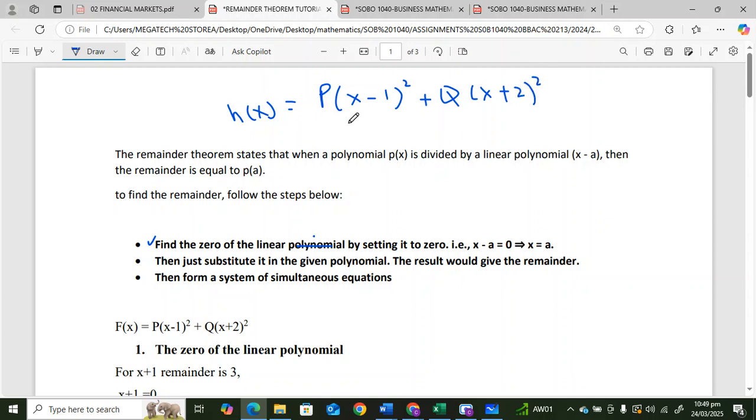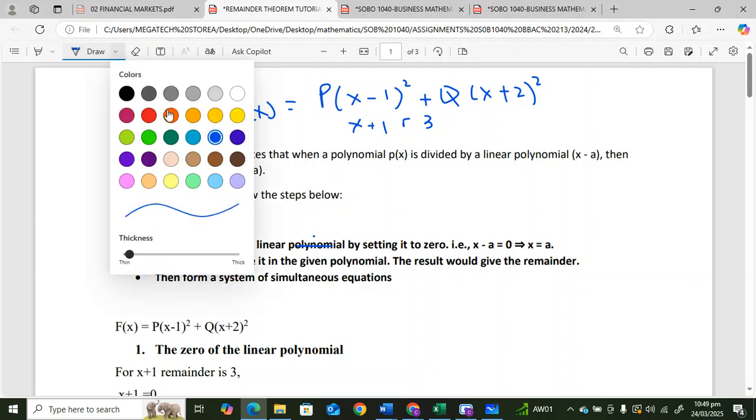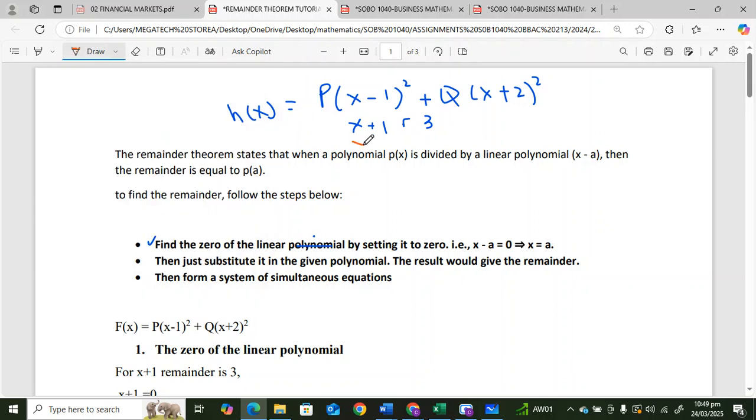And when it's divided by x plus 1, our remainder is 3. And when it's divided by x minus 2, our remainder is negative 15.